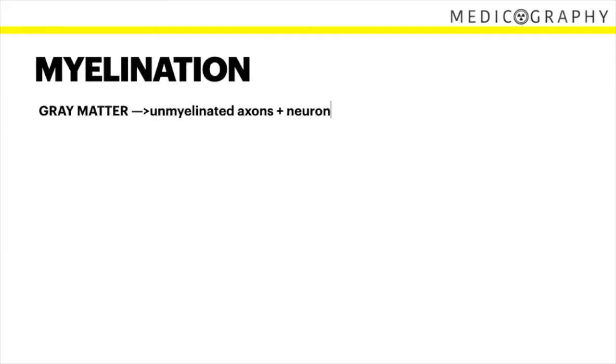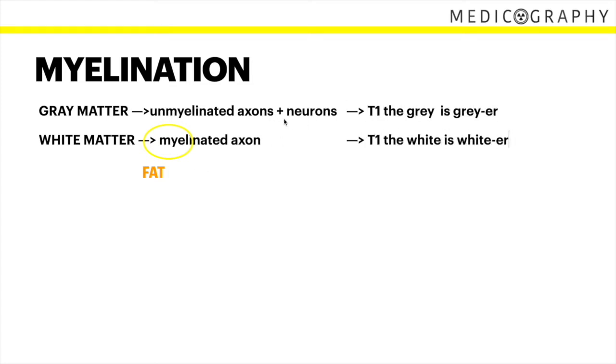So the gray matter consists of unmyelinated axons and neurons, a bunch of neuron cells. And white matter consists of myelinated axons. So this is the difference. White matter consists of more myelinated axons, and myelin is fat. So can you relate now why white matter is whiter on T1? Because it consists of fat, and fat on T1 is hyperintense, while gray matter is more like a bunch of neurons.